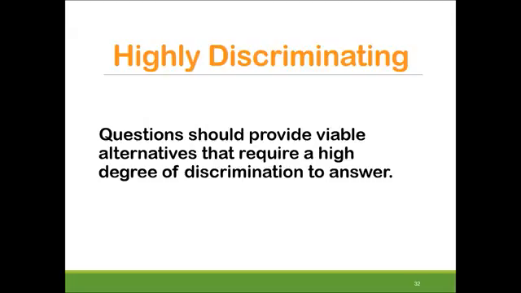Students are able to rule out a whole host of your options. How easy then does it become for them to answer that question correctly? So be sure that you have highly discriminating, very plausible options that you include.